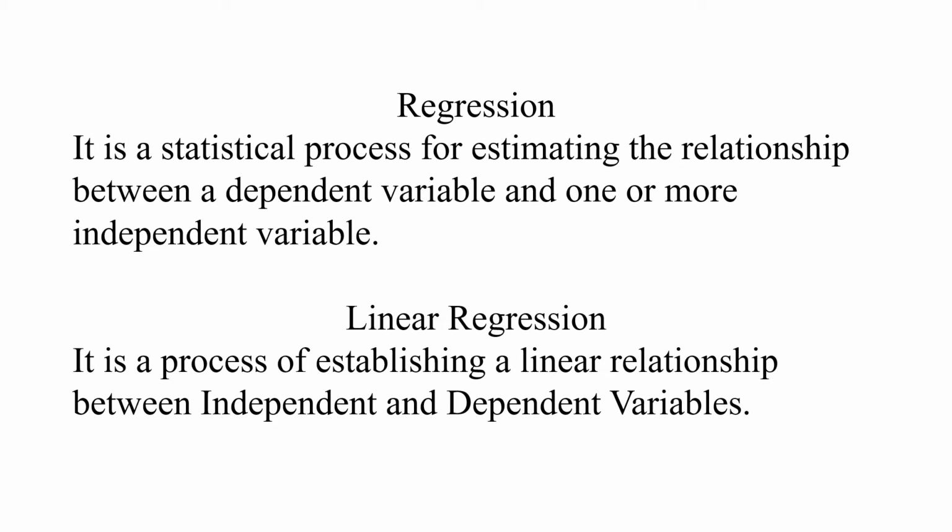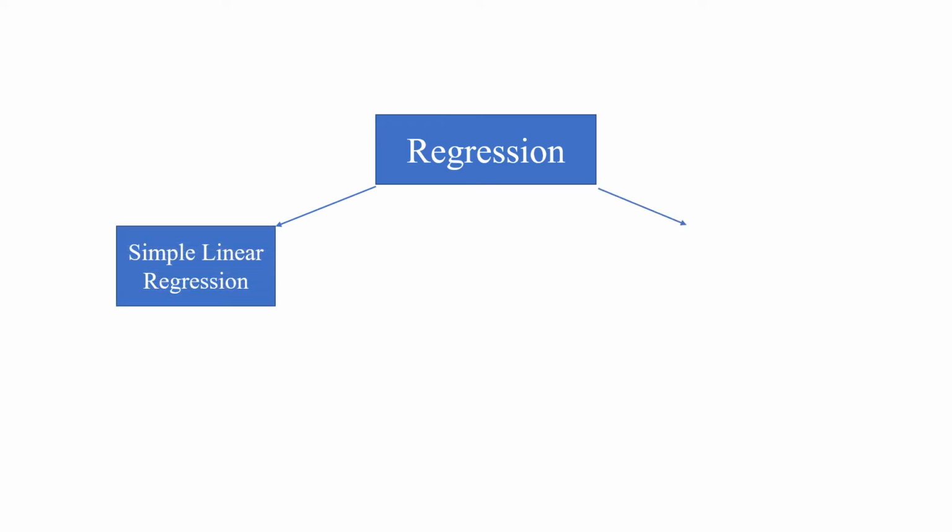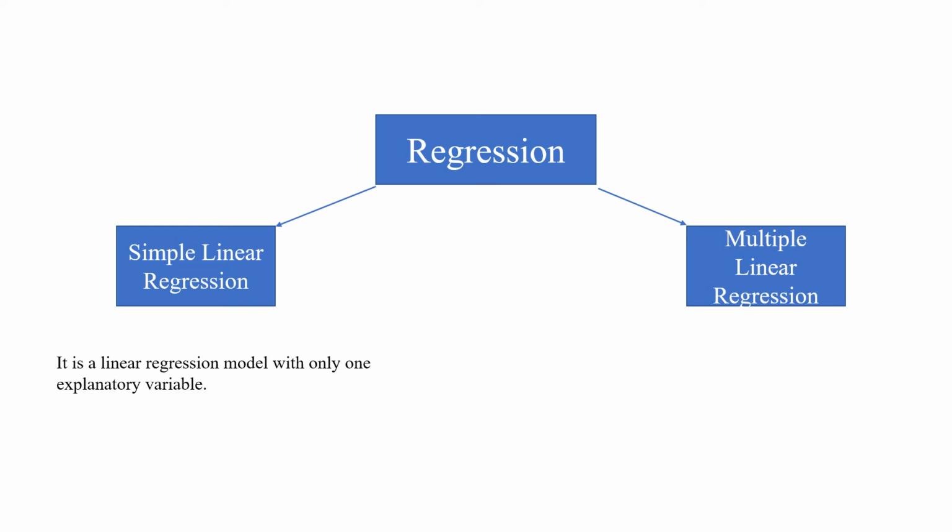Now, there are two different types of regression. Let us look at those different types of regression. So, we have simple linear regression and we have multiple linear regression. In simple linear regression, we have only one explanatory variable. That is, we only have one independent variable.